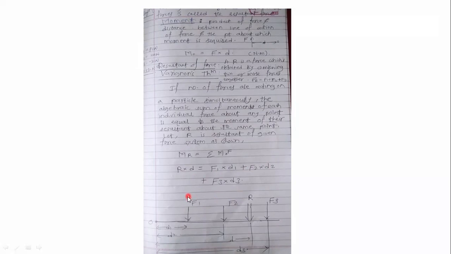Force F1 is at distance D1, force F2 is at distance D2 from point O, and force F3 is at distance D3 from point O. All these forces have perpendicular distances. And the resultant R is also there. Resultant R is the resultant of these three forces, F1, F2, and F3.